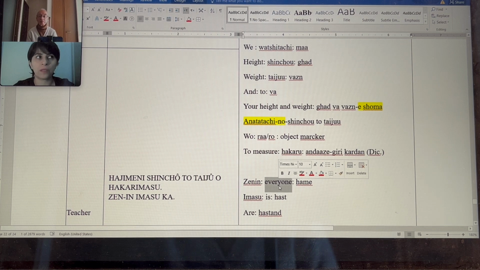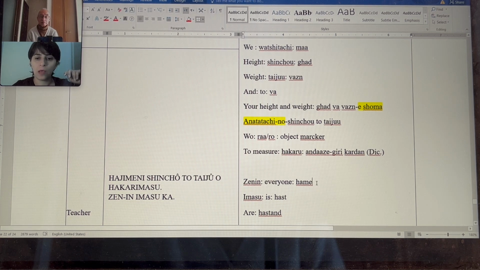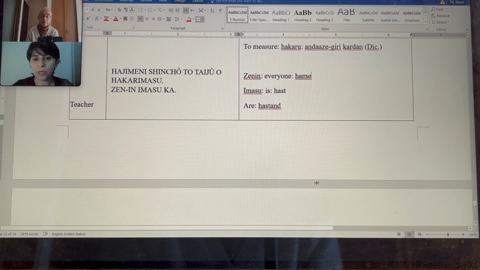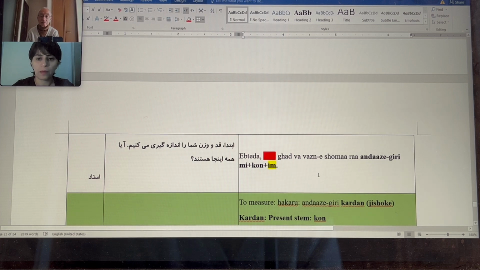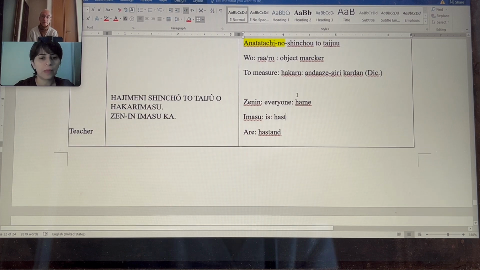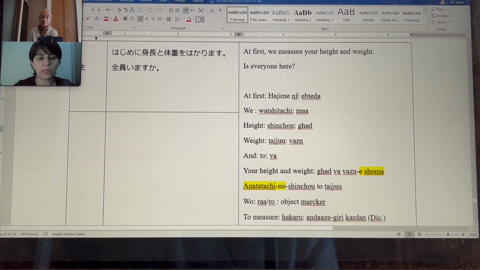Because everyone is considered more than one person, that's why we use the plural form of the verb. So maybe at this point you just memorize it. Then everybody is here.